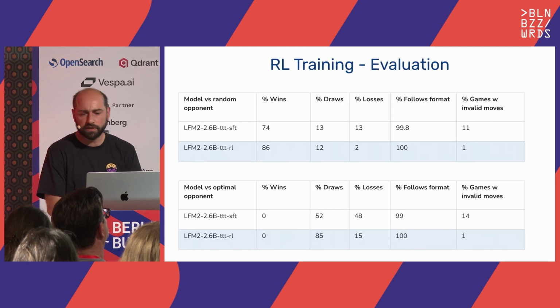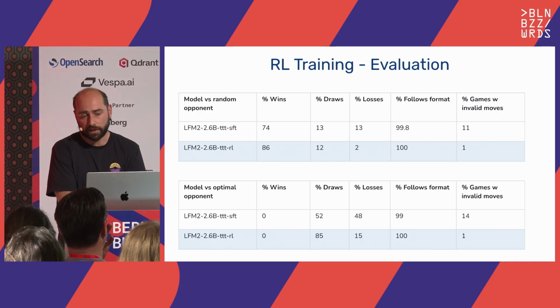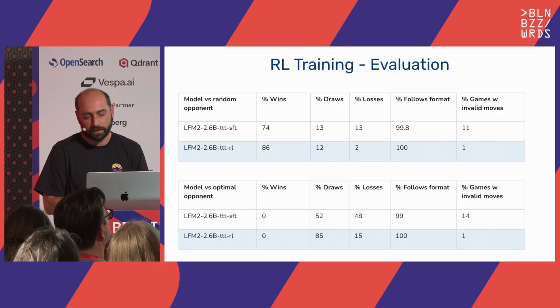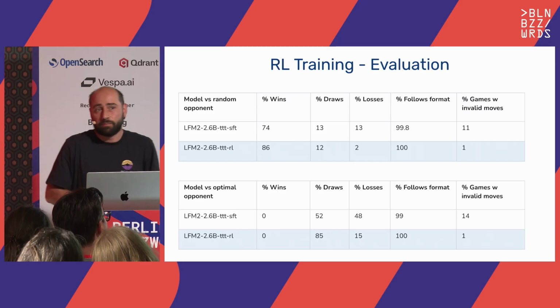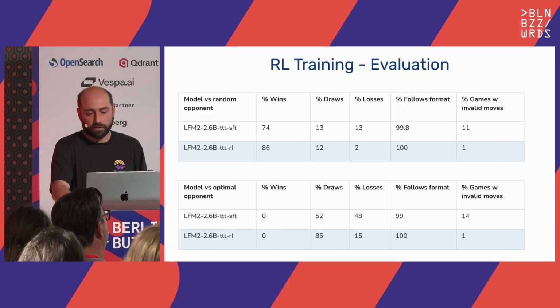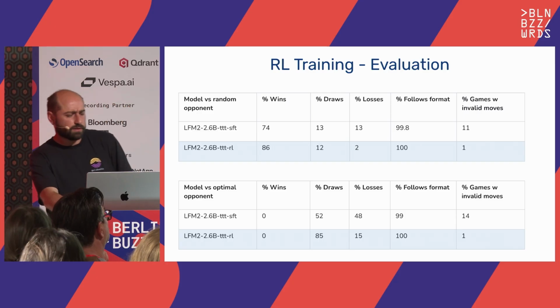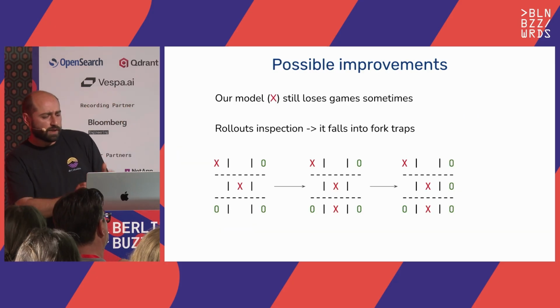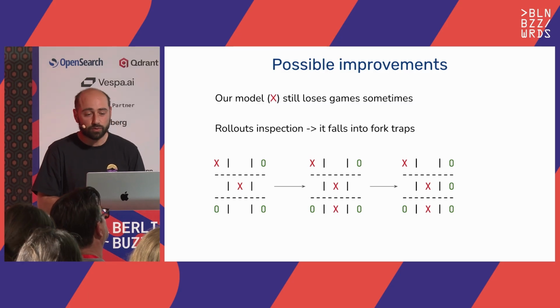We see that our model actually improved both against a random opponent and also against an optimal opponent, but it's not perfect. It loses 15% of the time against an optimal opponent. And inspecting rollouts, I have seen that our models tend to fall into fork traps.